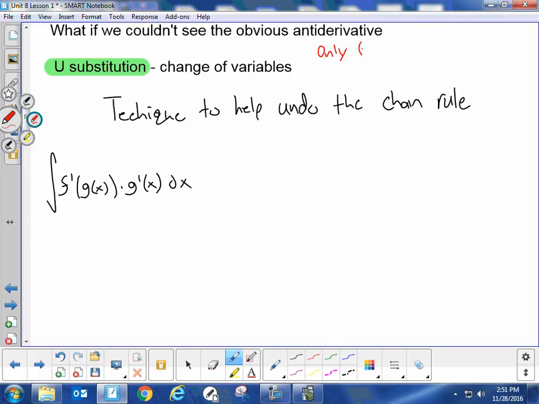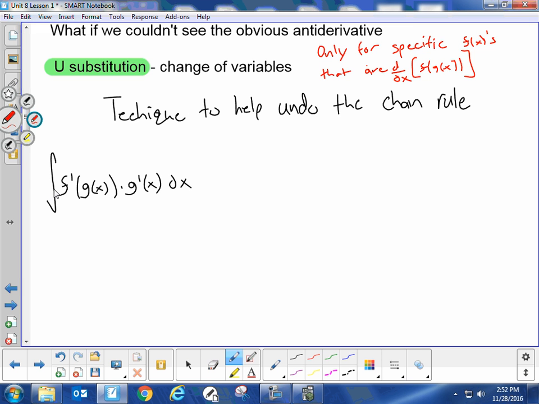It's only for specific functions that are derivatives of something like f of g of x. Now, we're taking the antiderivative of f prime of g of x times g prime.